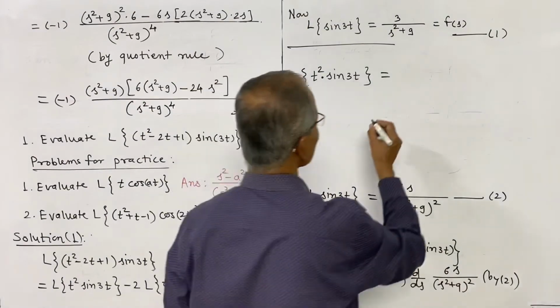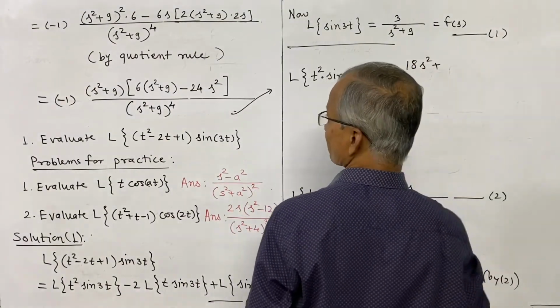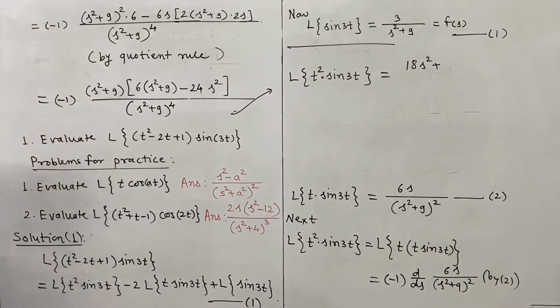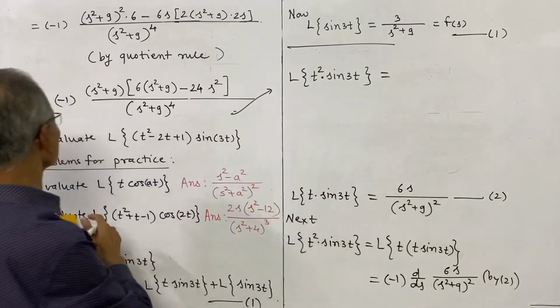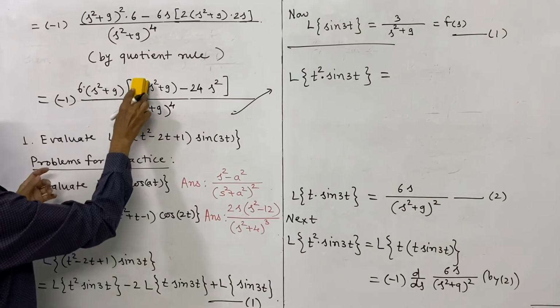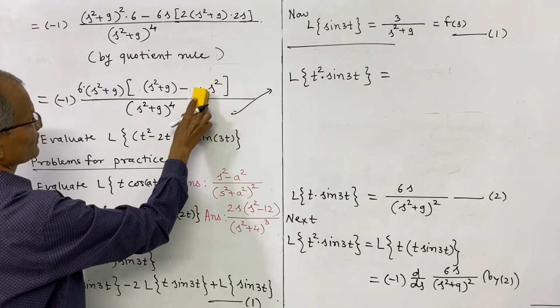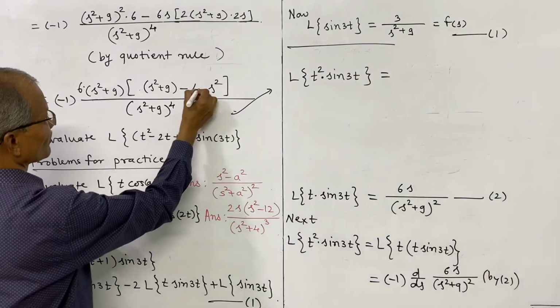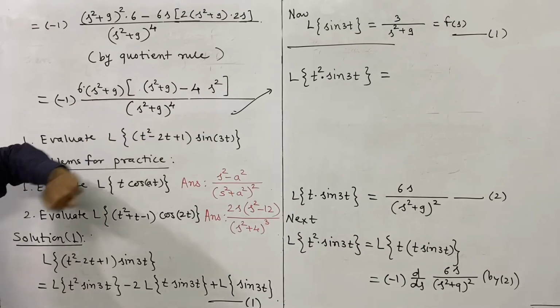So 18s square plus, or from this 6 and 24, 6 can also be taken common. So I shall take 6 common. So if I take 6 here itself common, then it will be 1, and 6 divides 24, and we get here as 4. Note this simplification. 6 into 4 is 24.